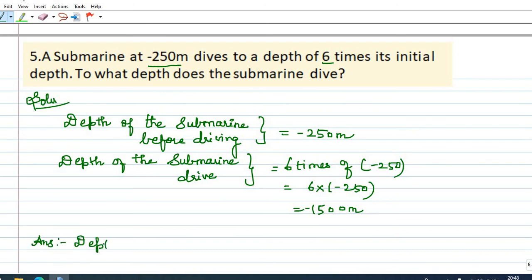Depth of the submarine dive is equal to minus 1500 meter. Can you understand this, children? Next we will see in the next class, children. Thank you.